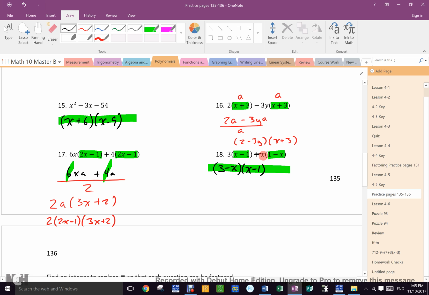Now you should already have noticed that in our final answer, the common factor lives by itself, and what's left over lives by itself, except we took another 2 out of it, right? So here, the common factor, x minus 1, lives by itself, and 3 minus x is what's left over.